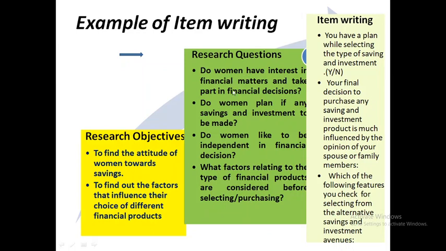Then, do women plan, if any, the saving and investment to be made? Do women like to be independent in financial decisions? Then, what factors relating to the type of financial products are considered before selecting or purchasing? So these questions are related to the objectives.